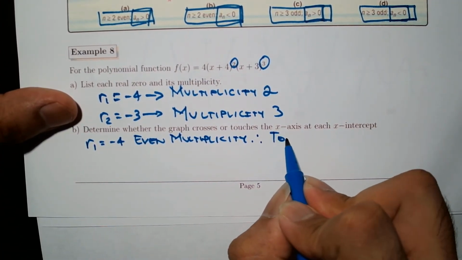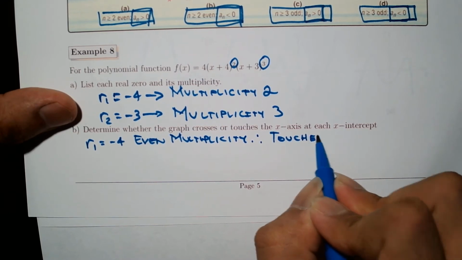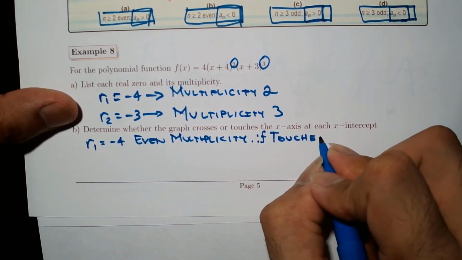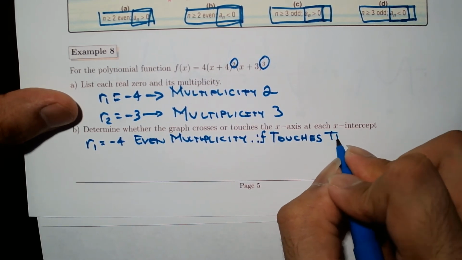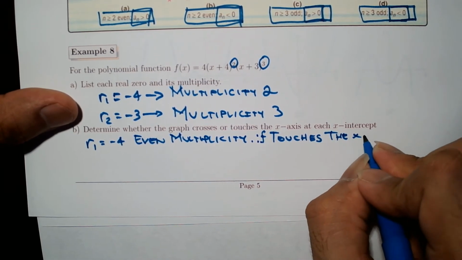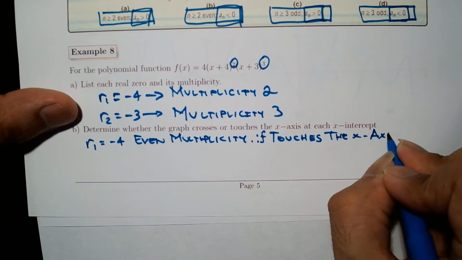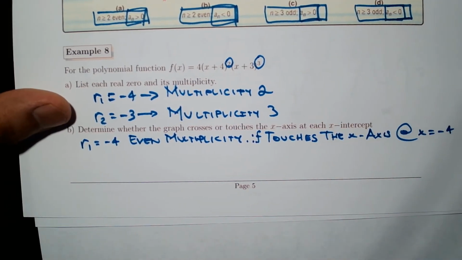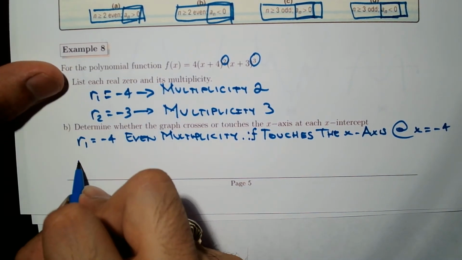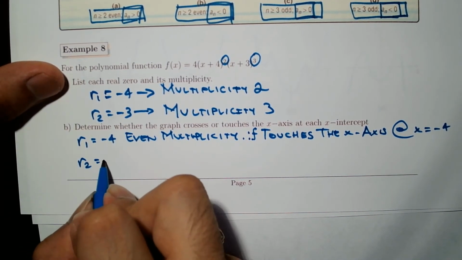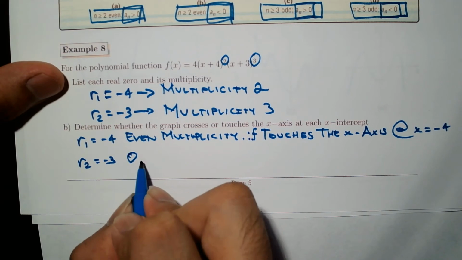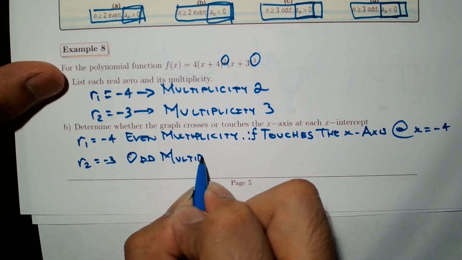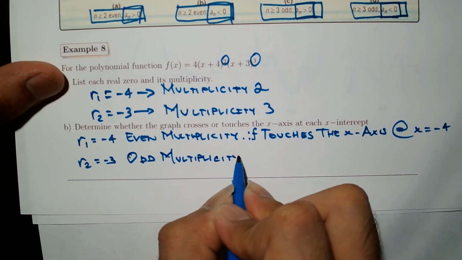Therefore, f touches the x-axis at x equals -4. On the other hand, r2, which is -3, has an odd multiplicity.